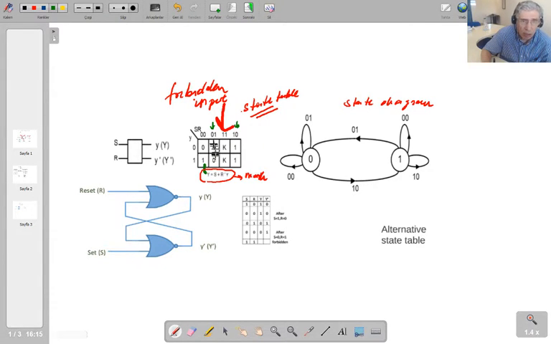So how can I explain this too? If the input values are different from each other, that means column 2 and column 4, then the next state value is the same as the S value. So you can memorize it.